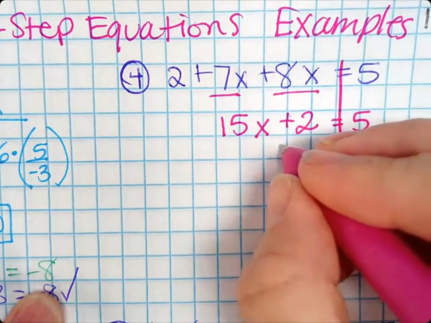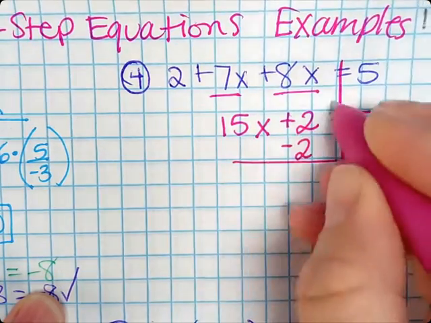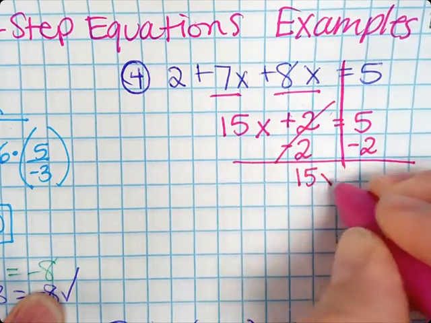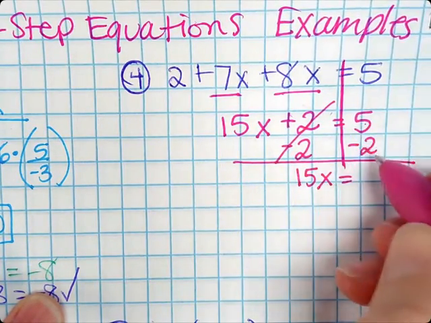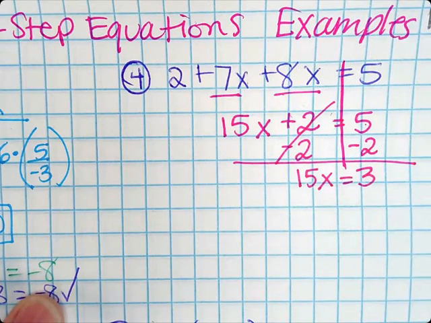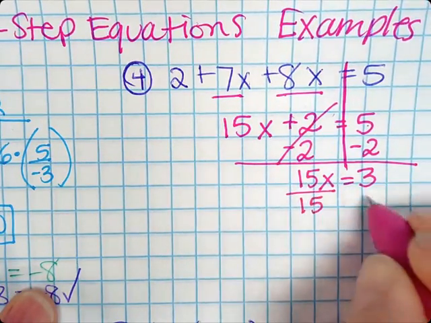We're going to subtract 2 on both sides, and we get 15x equals 5 minus 2, which is 3. Then we will divide by 15.